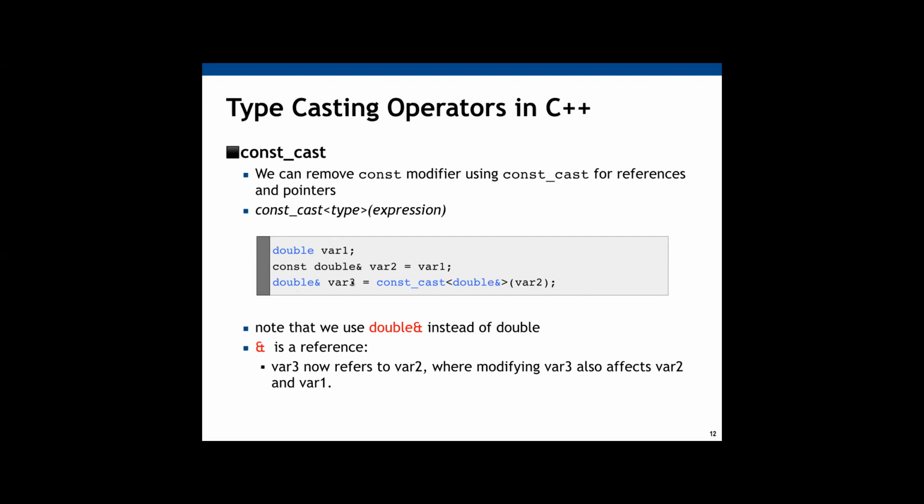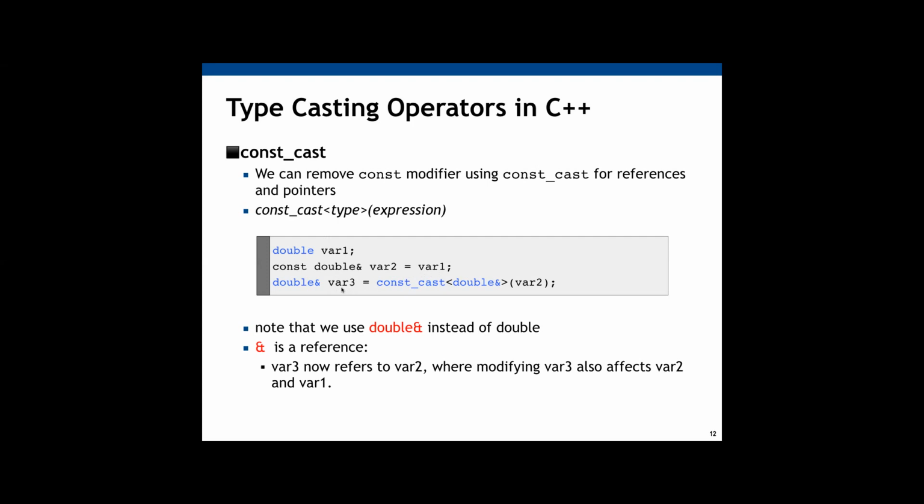This statement removes the constness of var2. var2 is a reference type declared with a const modifier, so with this line, var2's constness is removed. Therefore, using var3, you can change the value of var2, and because var2 is a reference variable of var1, we can also change the value of var1 through var3.